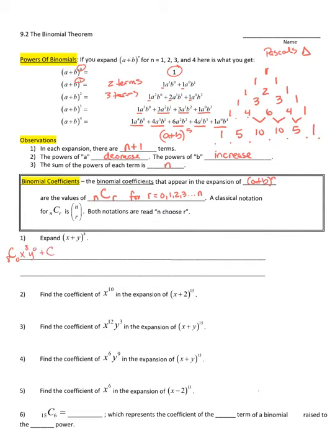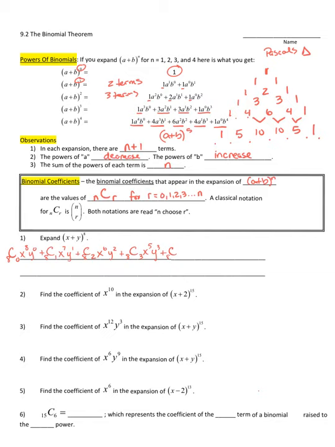Then it's going to be the combination of 8 things taken 1 at a time, x to the 7th, y to the 1st. Then the combination of 8 things taken 2 at a time, x to the 6th, y to the 2nd. Then the combination of 8 things taken 3 at a time, x to the 5th, y to the 3rd.